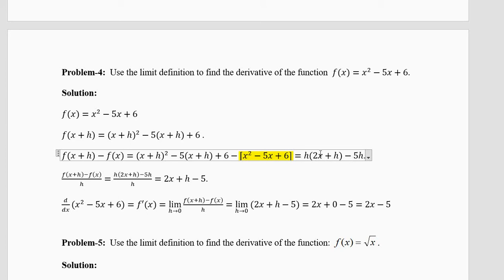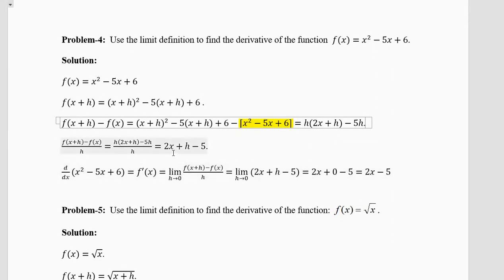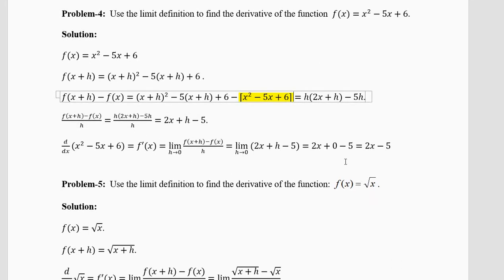If you don't want to factorize this, there is no need to factorize, you can leave it as it is. It is 2x plus h minus 5. When you divide by h, you will be left with this. Now take the limit, put h equal to 0, you will get 2x plus 0 minus 5, it is 2x minus 5.